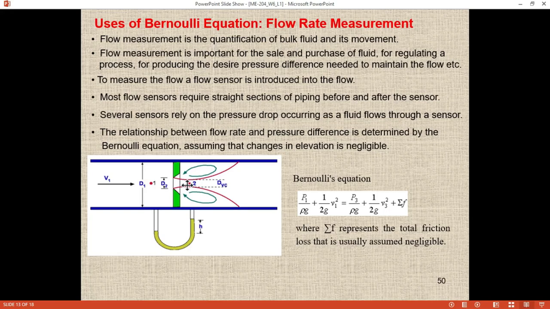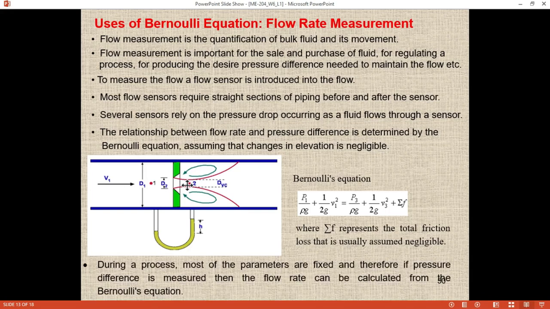Now let's see what types of meters we normally use to measure the flow rate. During a process, most of the parameters are fixed, and therefore if the pressure difference is measured, then the flow rate can be calculated from the Bernoulli equation.